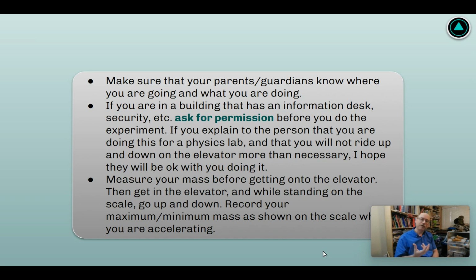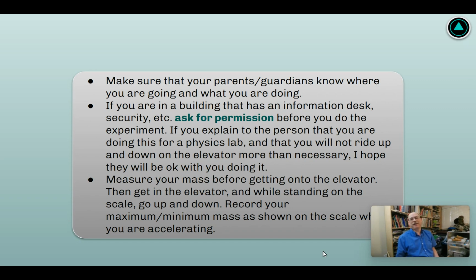So if you go to one of those big buildings downtown, a lot of them do have an information desk at the front, or there might be a security desk where somebody sits there most of the time just monitoring the building. Go up to them politely and explain, hey, I've got this crazy physics teacher and he wants me to do this lab.